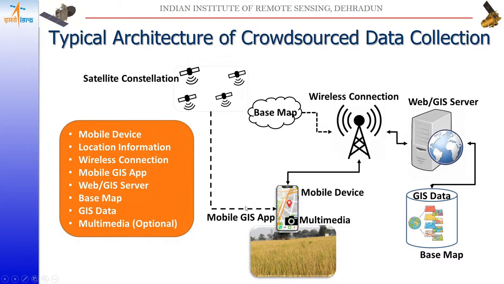A web GIS server is also required in case you want to display maps as a base map in the crowdsourced data, so that a user has a better understanding of the spatial features available in the field. There are some GIS data sets, and there is a multimedia option too, like photographs, or other sensors can also be integrated into it.